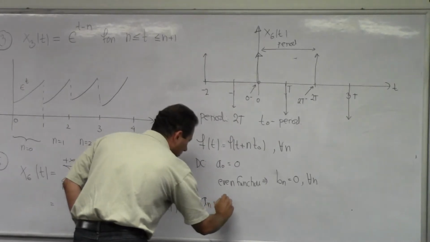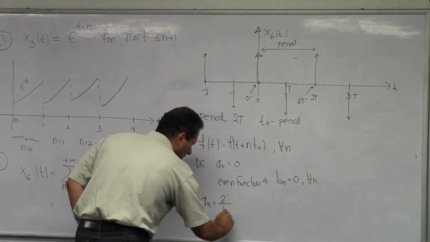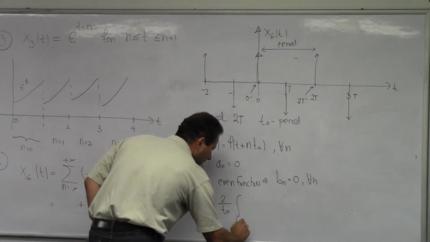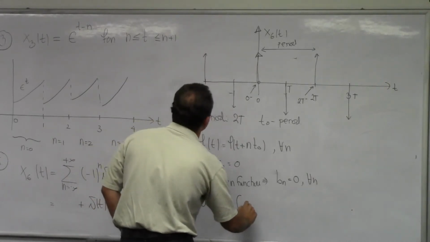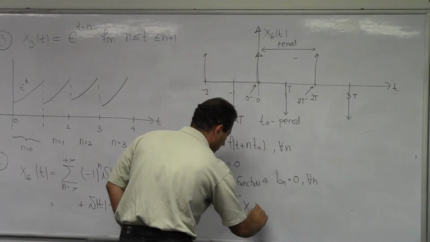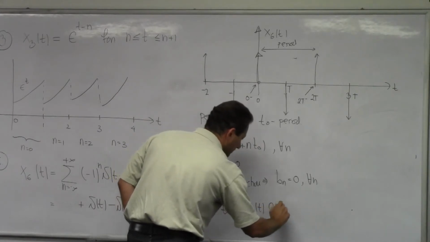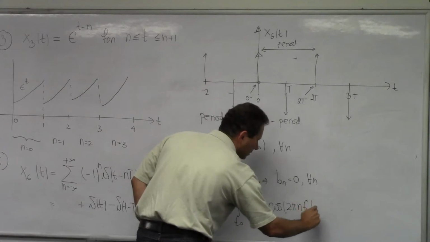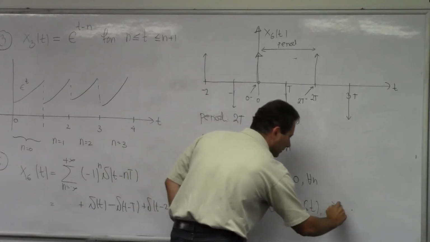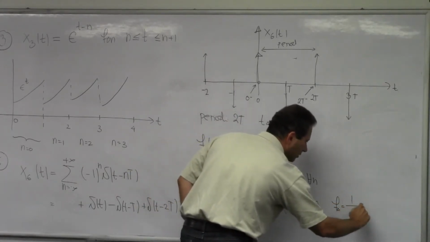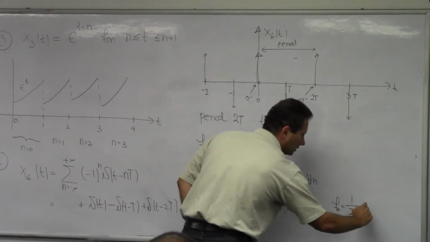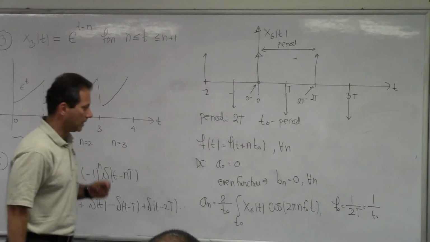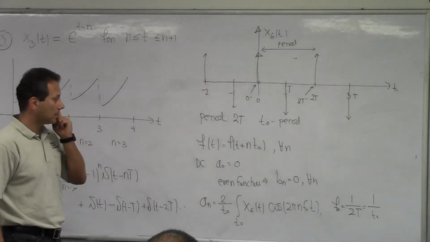An is going to be 2 over the period, let me just say T0, integral over the period of f of t, so x6 of t, times cosine 2 pi n f0 t. Here, f0 is equal to 1 over 2T, 1 over the period, because the period is 2T.